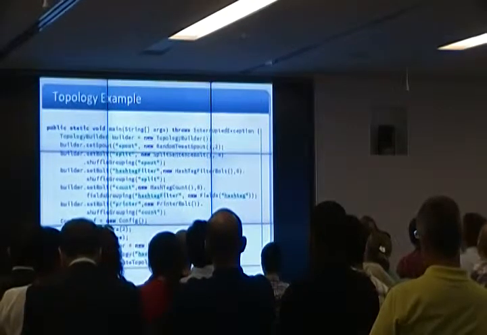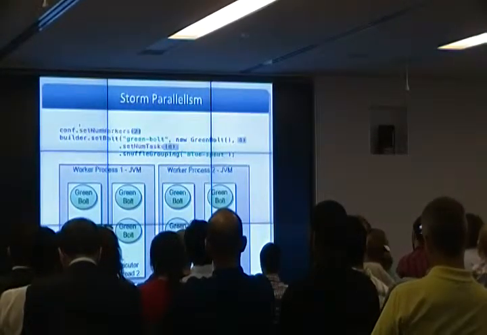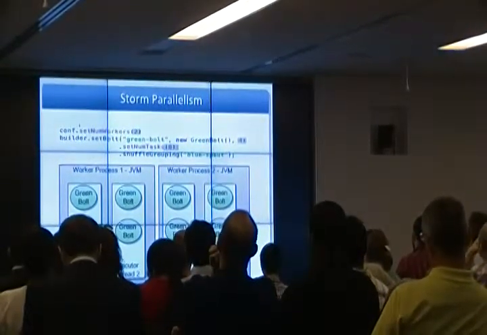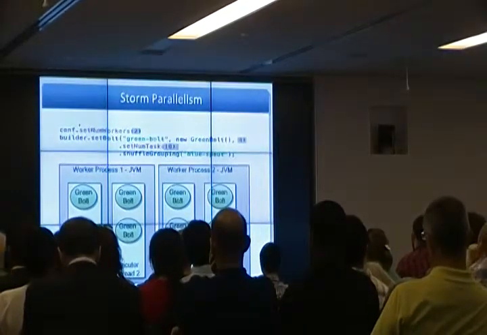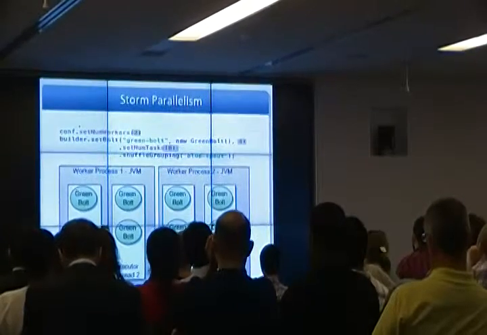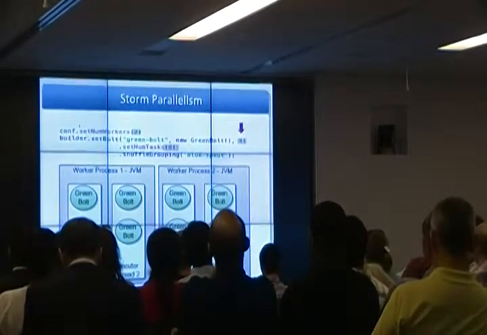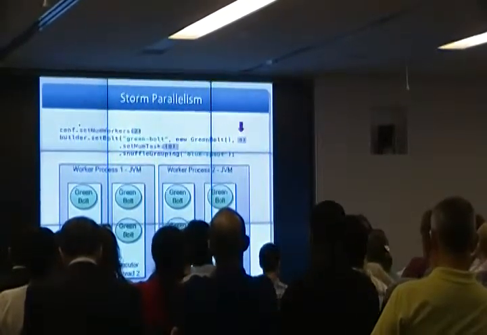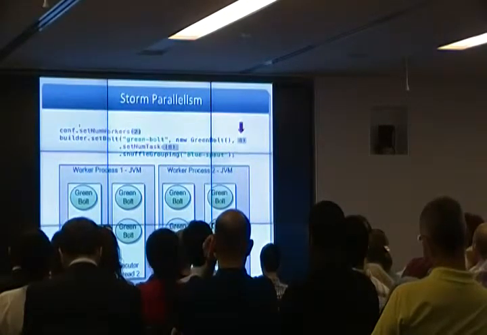So how is this parallelism working? As I said, set number of workers specifies the number of worker processes, which are Java virtual machines. The parallelism hint, this number 4, will tell how many threads you are allocating for this particular bolt or spout.